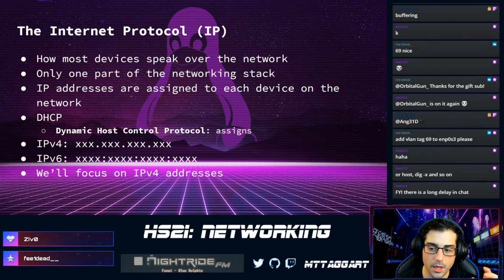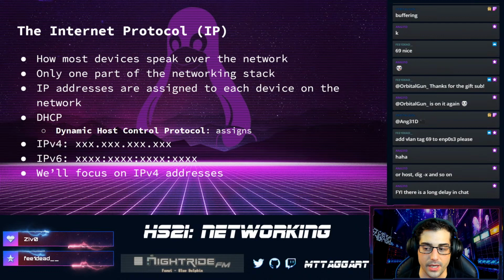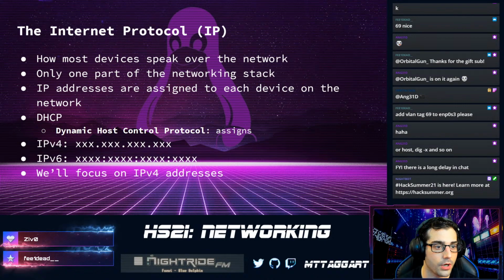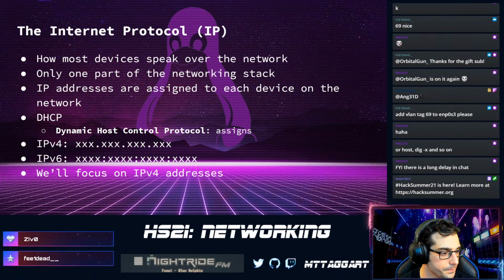They're not octets, but segments of the address. Now, IPv6 is a newer protocol, and it really hasn't caught on because it hasn't had to. But we'll talk about why it exists in general. But nevertheless, we're going to focus on IP version 4 addresses.